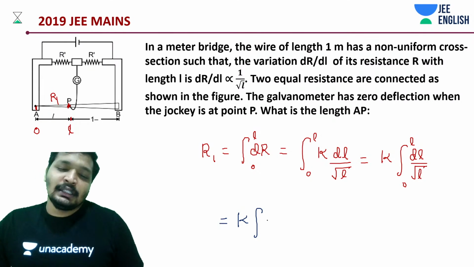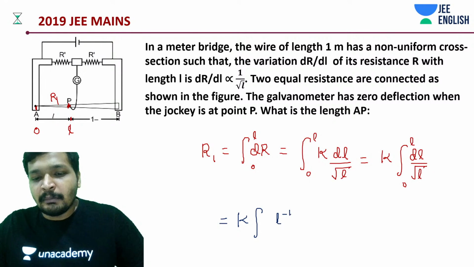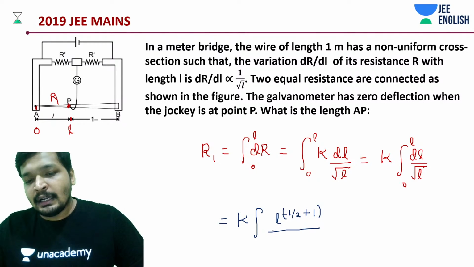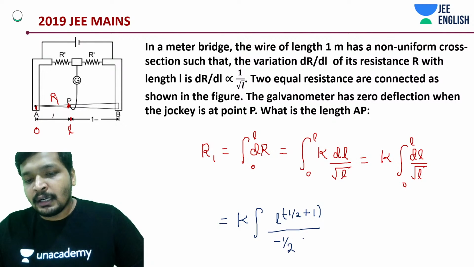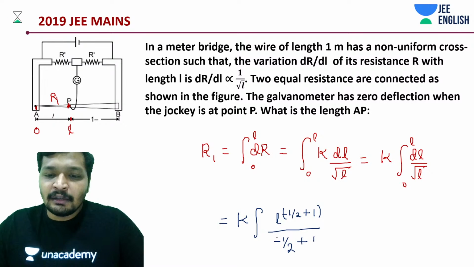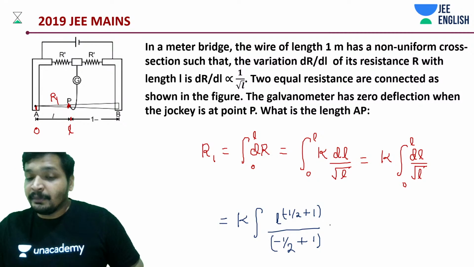Is that what it is? Yes. But if you have any issues, just take it as L to the power minus 1 by 2 and add a 1 to it, and then add a 1 to minus 1 by 2. The integration of x to the power a is x to the power a plus 1 divided by a plus 1.